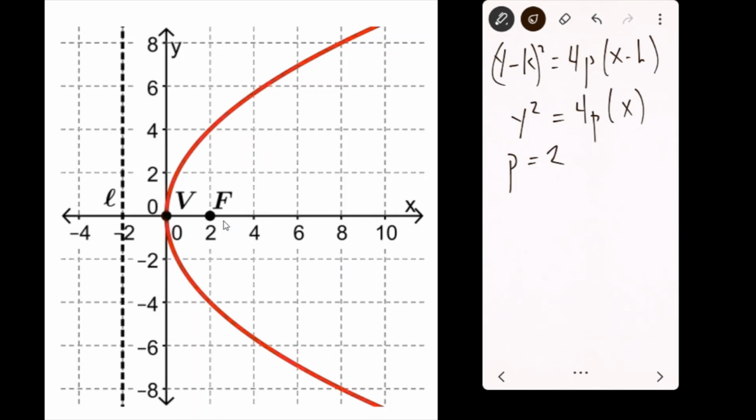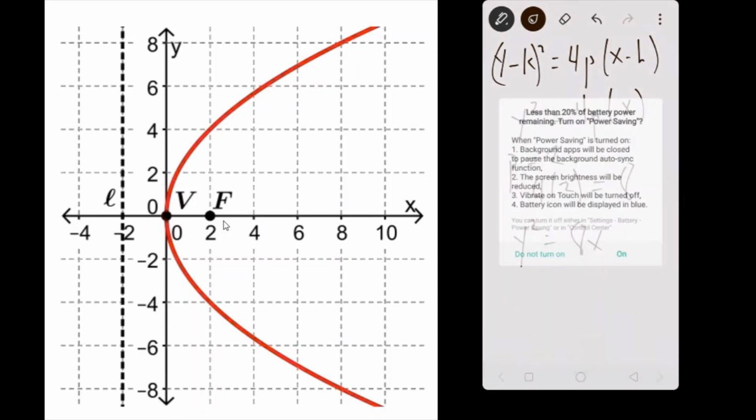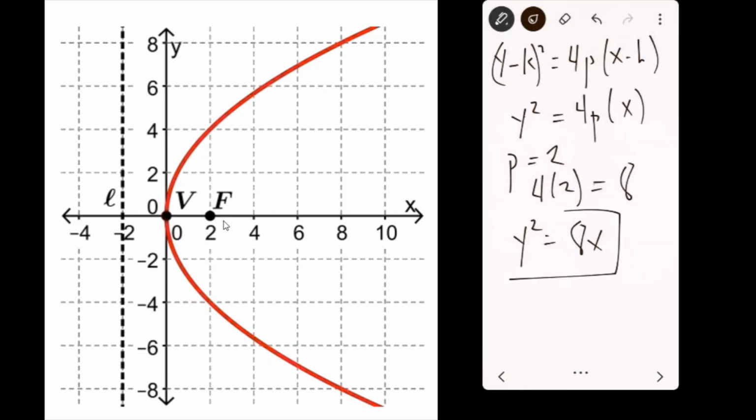So we're going to substitute 4 times 2 is equals to 8. Therefore, we have y squared equals 8x. So simple as that. That will be our final answer.